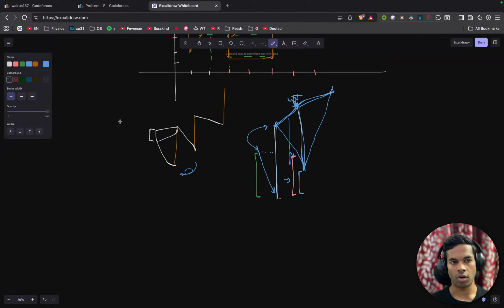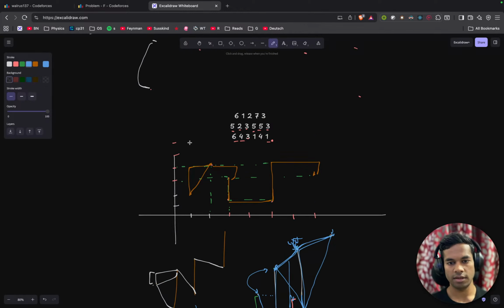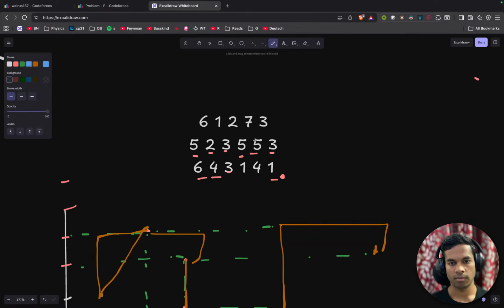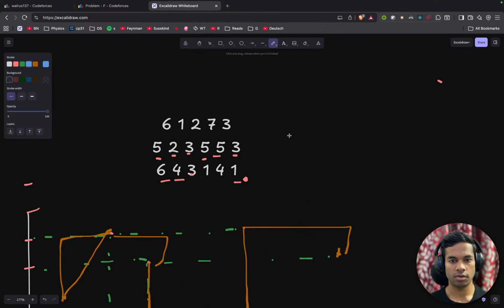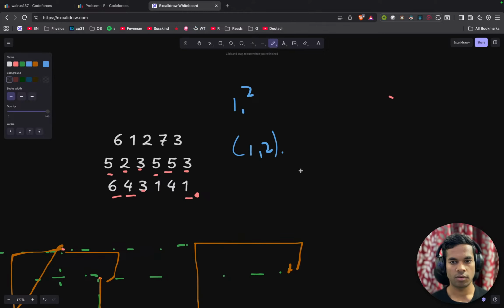So for each value of x, here we have three separate values of x. First we started from 1 and 2. 1 and 2 is our starting coordinate. Then for x equals 2, we have just one value of y, which is 4, which is also the minimum and also the maximum.